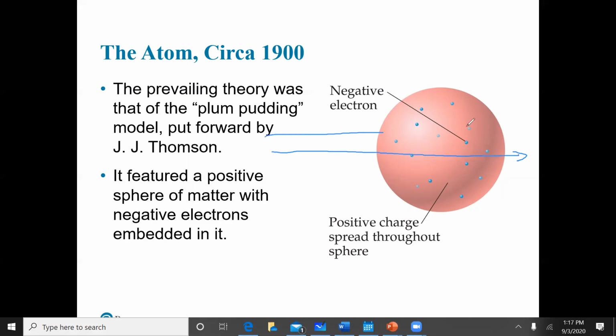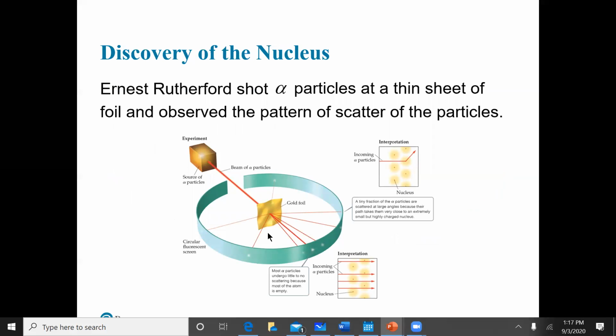Every single one should just go straight through, okay? But that's not what he found. What he found was that some of them went straight through, and then some of them got deflected. So they moved a little bit to the side, and some of them actually went back in the opposite direction.